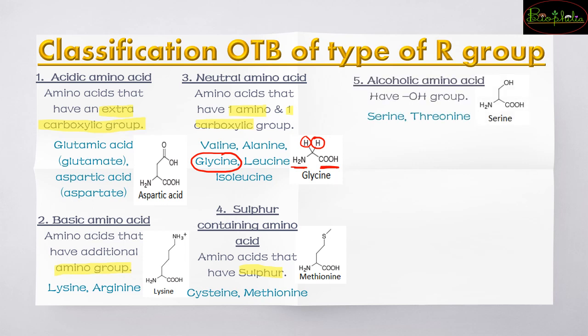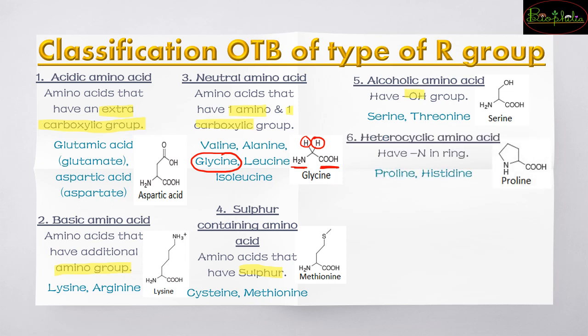Instead of hydrogen you are substituting it with the alcohol group, that is OH group, that is serine or threonine. Next is heterocyclic amino acid. Instead of one hydrogen you are adding a nitrogen into it, an additional single nitrogen in the form of a ring. For example, you can see that in the case of proline or histidine.